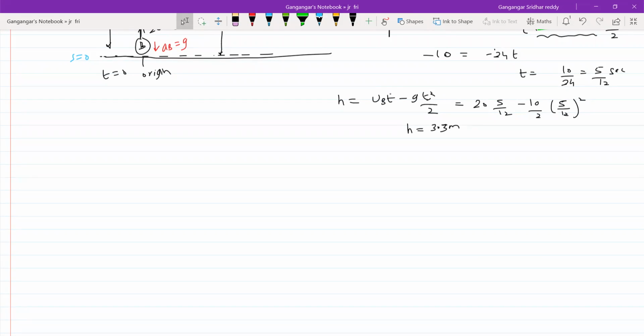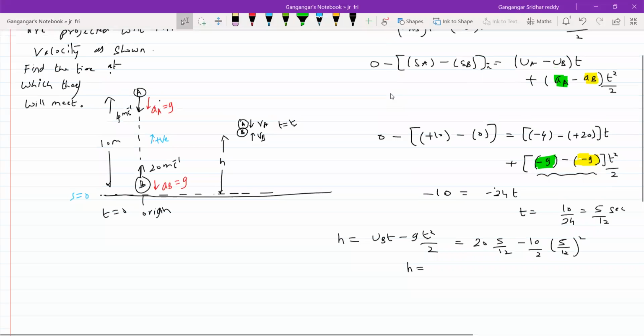Okay, I'll make the connection. There's a way of applying this formula in this particular case, you can call it a convention, rule, or method. 7.6 meters, at this height they'll meet.